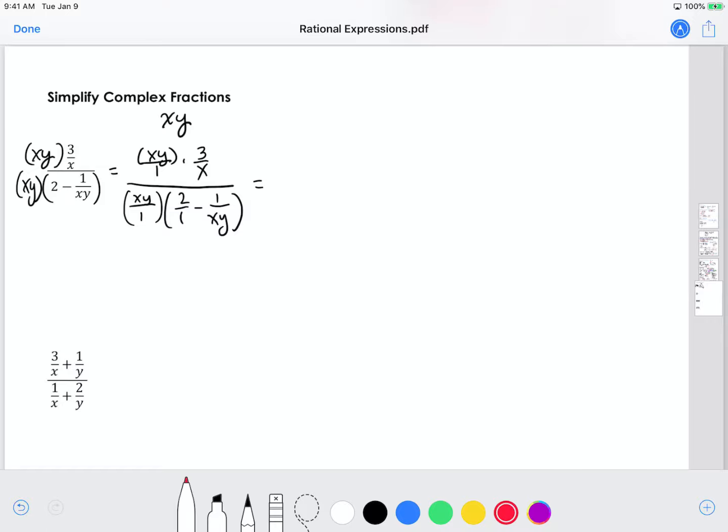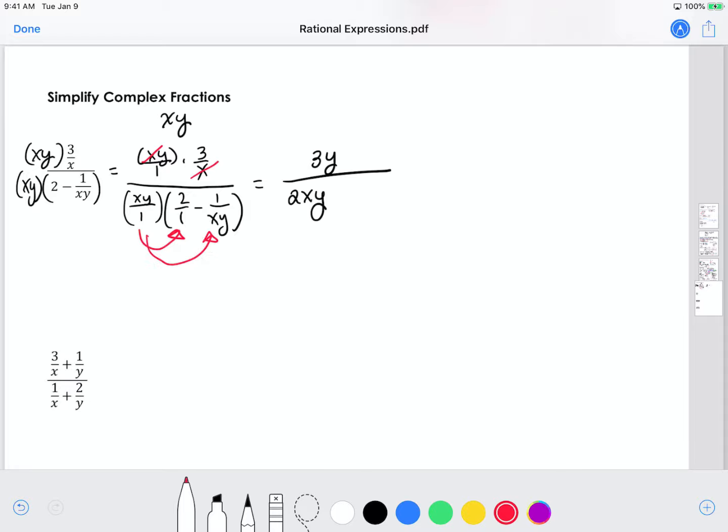Now when I multiply the top, I have xy over 1 times 3 over x. If I have the same thing on the top and the bottom of a fraction, I can cross it off. So this x and this x are the same, and I'm left with y times 3 over 1, which is just 3y. Then xy over 1 times 2 over 1 gives me 2xy.